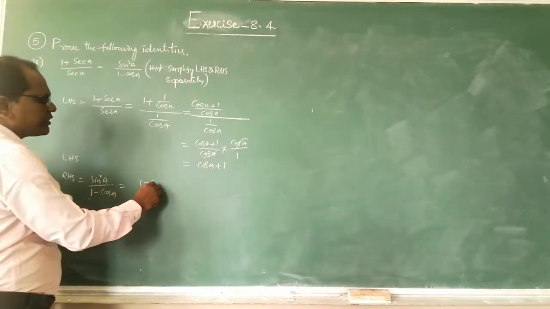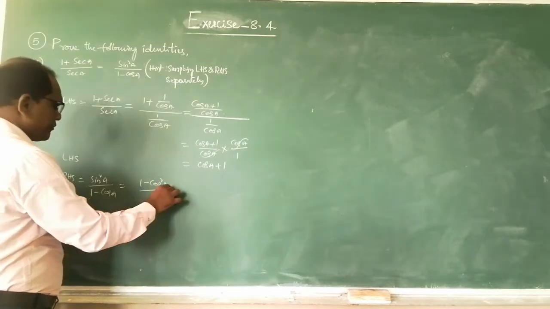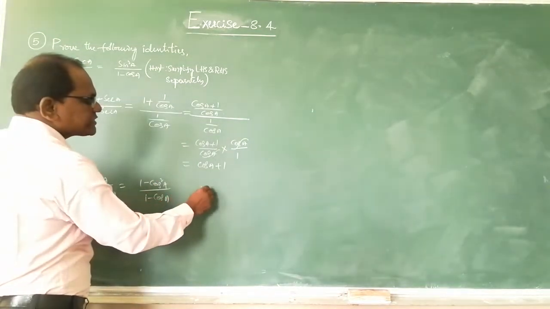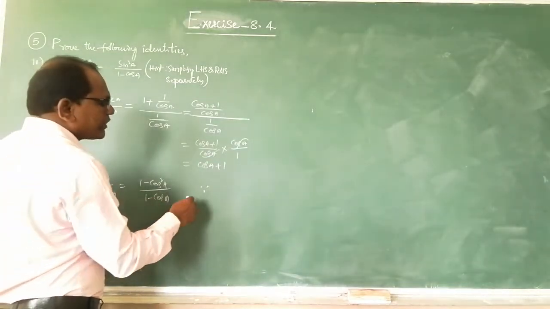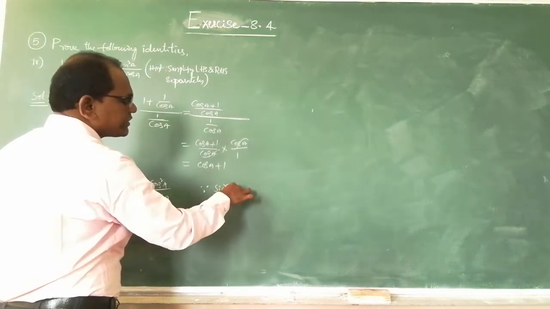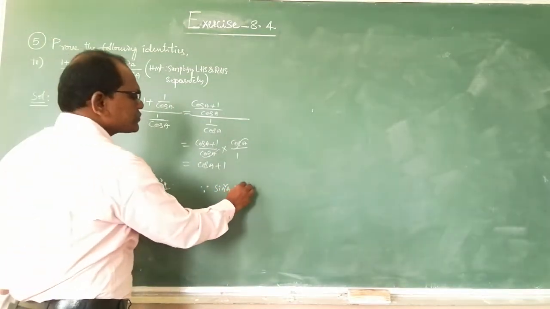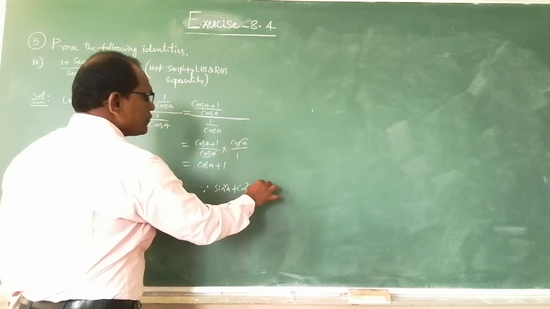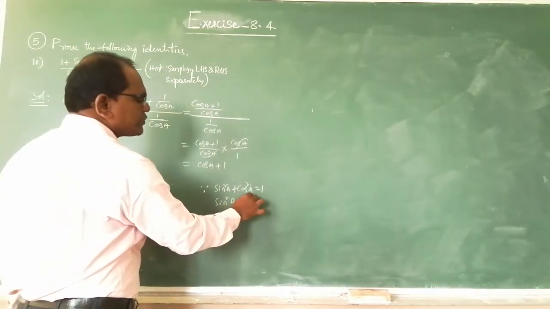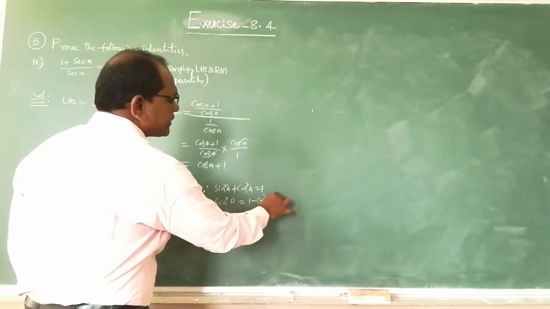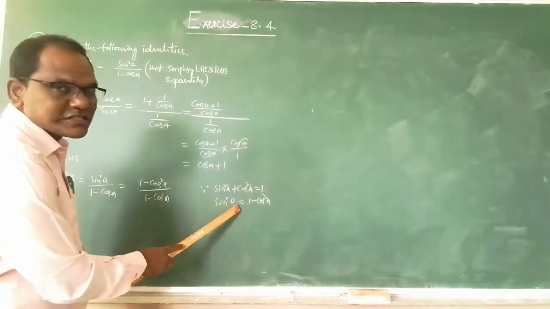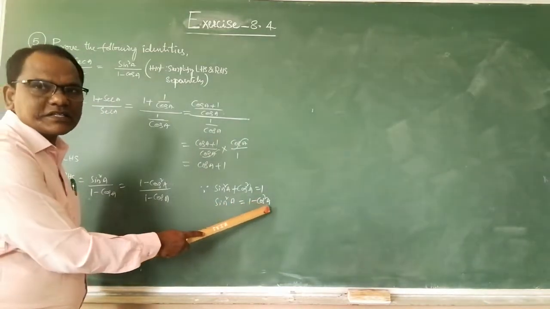Sin square A plus cos square A equals 1. So from this we write sin square A equals 1 minus cos square A. Instead of sin square A, we write 1 minus cos square A.